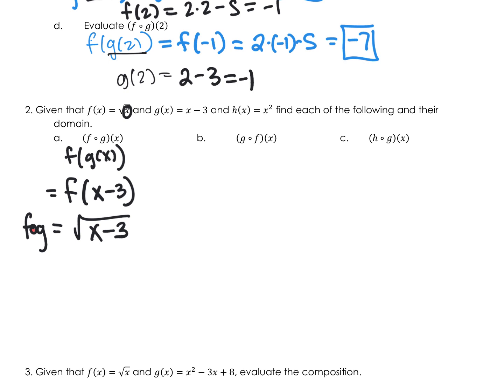So go ahead and do that on your own now. Find the domain of this answer. This right here, your answer, your composition, find the domain. Look for denominators, look for square roots. This is what we did yesterday.